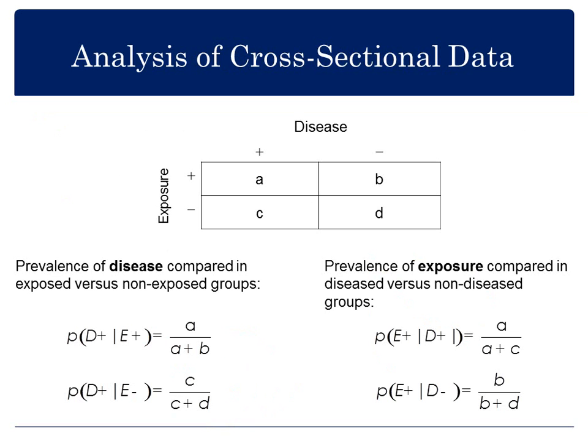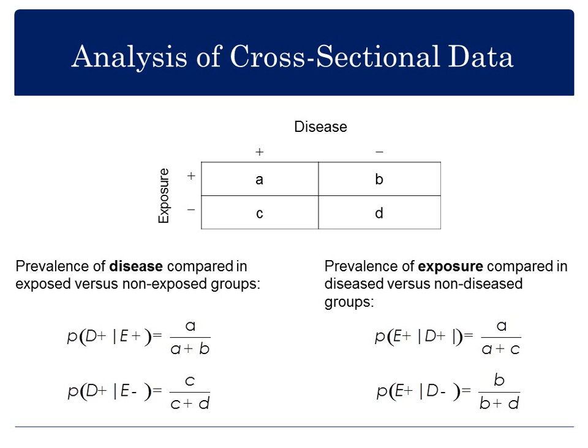Cross-sectional data, very often when you're looking at the association between an exposure and a disease or a treatment and an outcome, you look at things in terms of prevalence or risks, odds ratio, because you have what's called contingency table data.